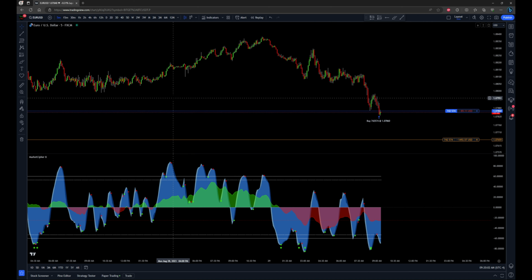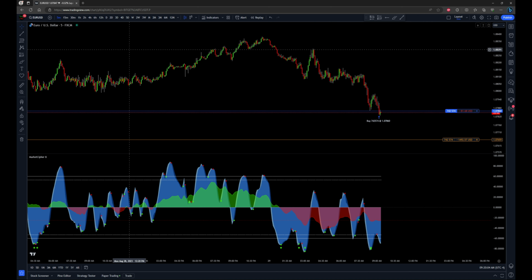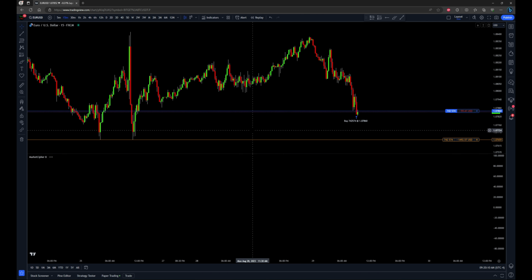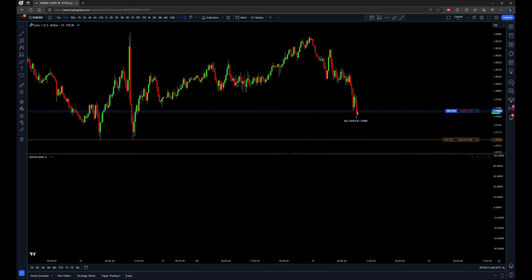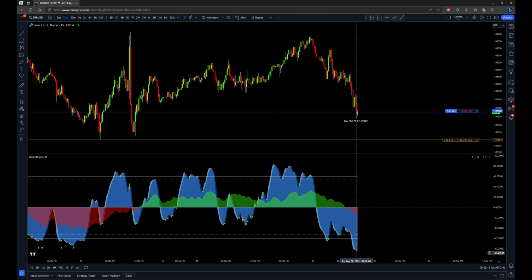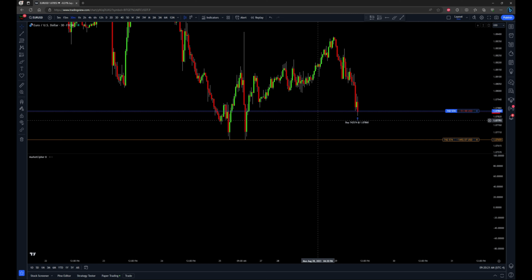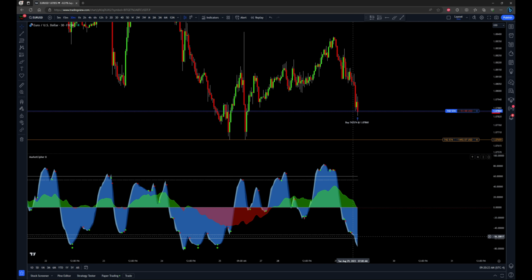We can take a look also at the higher time frames to see why this was taken as a long. So we have the 15-minute time frame, not much higher, but we do have this way oversold, looking like it's starting to curl up. Okay, and then we can take a look at the 30-minute, also oversold.